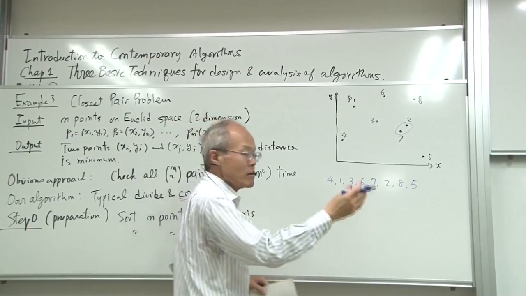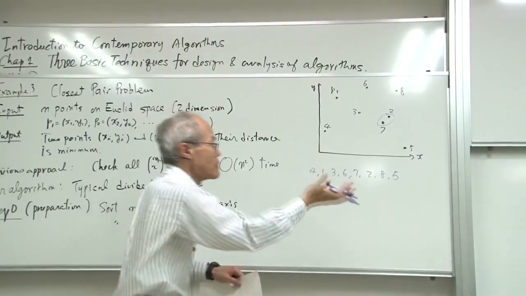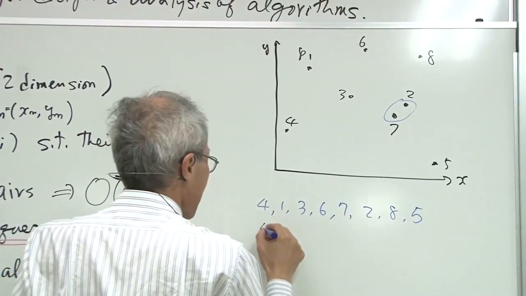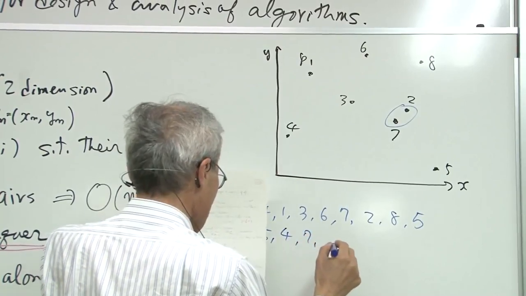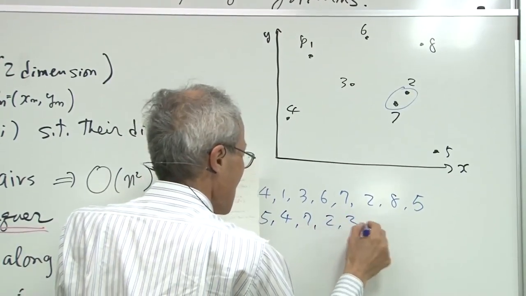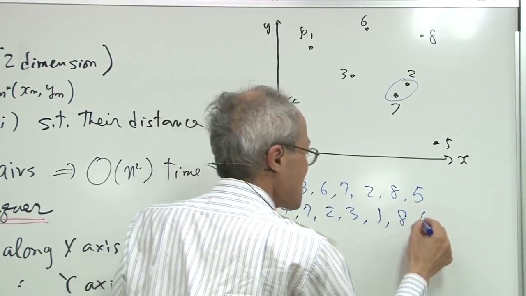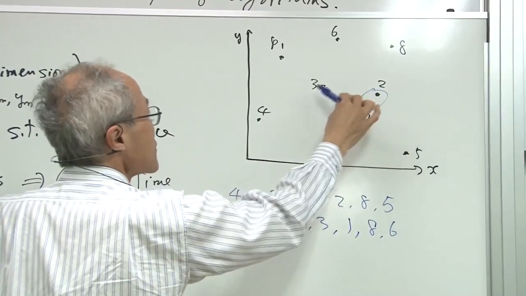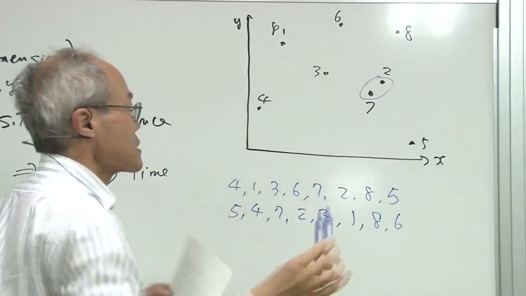Now, if we sort those points along the y-axis, from here to there, then this is 5, 4, 7, 2, 3, 1, 8, 6.